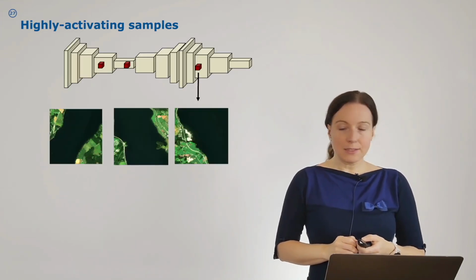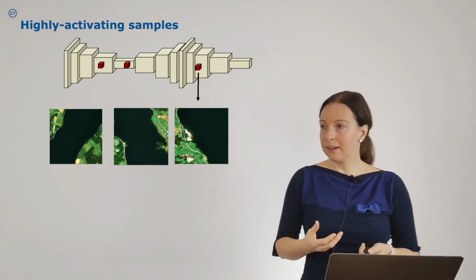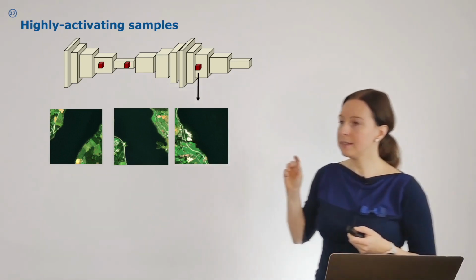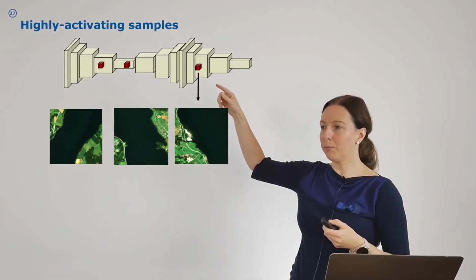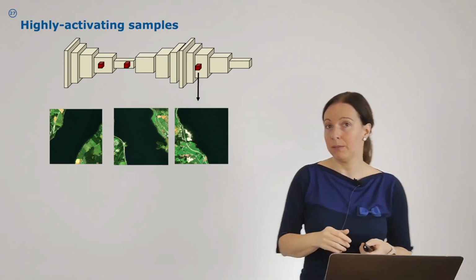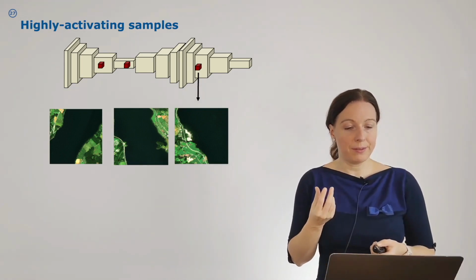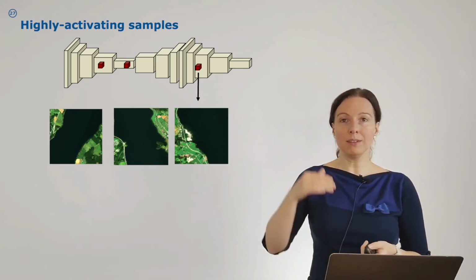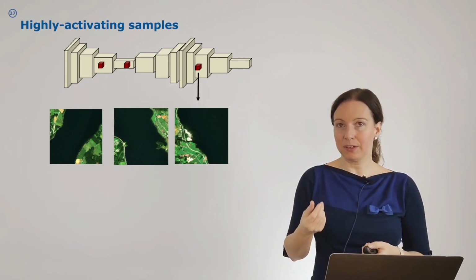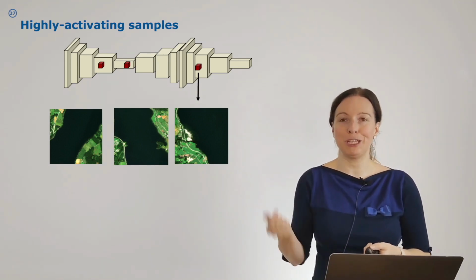And so when we use our jungle network, we could also look at specific positions here, and we actually plotted here 3 images from one specific activation. So these 3 images cause a high activation in a specific position in the network.